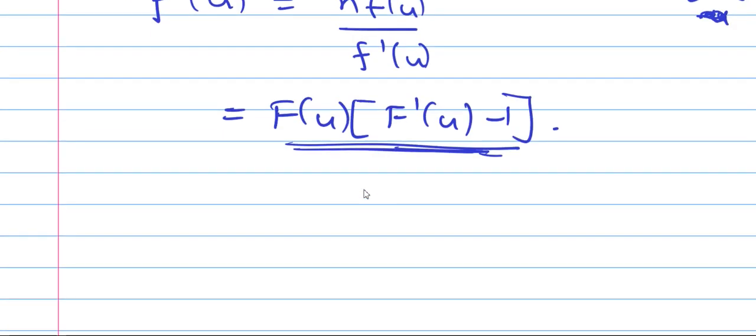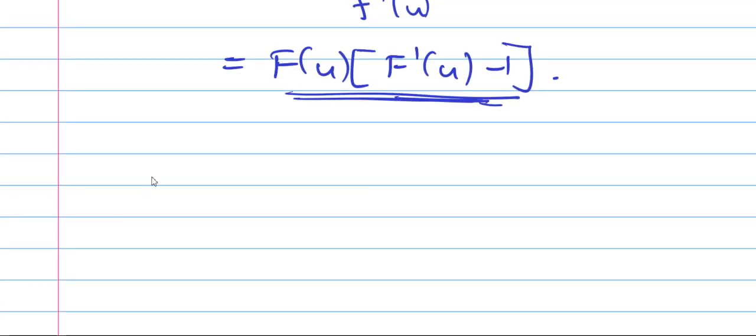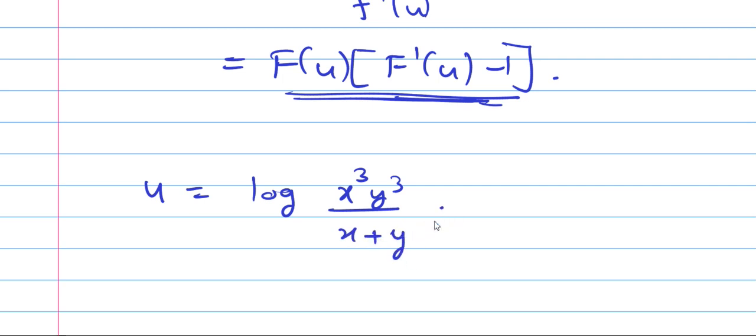So let's look at this question. Suppose u equals log of x cube y cube upon x plus y. This is a non-homogeneous function, because I cannot take k common. But if I take the antilog, it becomes e raised to u equals x cube y cube upon x plus y.